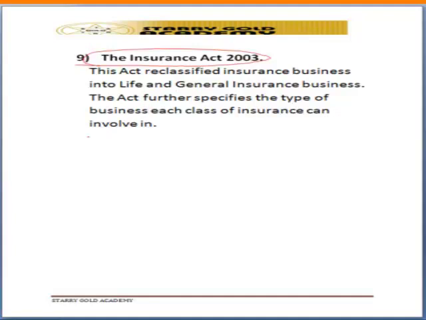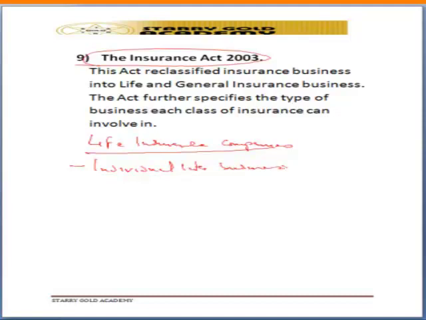The act says for life business, they can only be involved in the business of individual life. They can also be involved in group life, and they can also be involved in pension and health insurance.